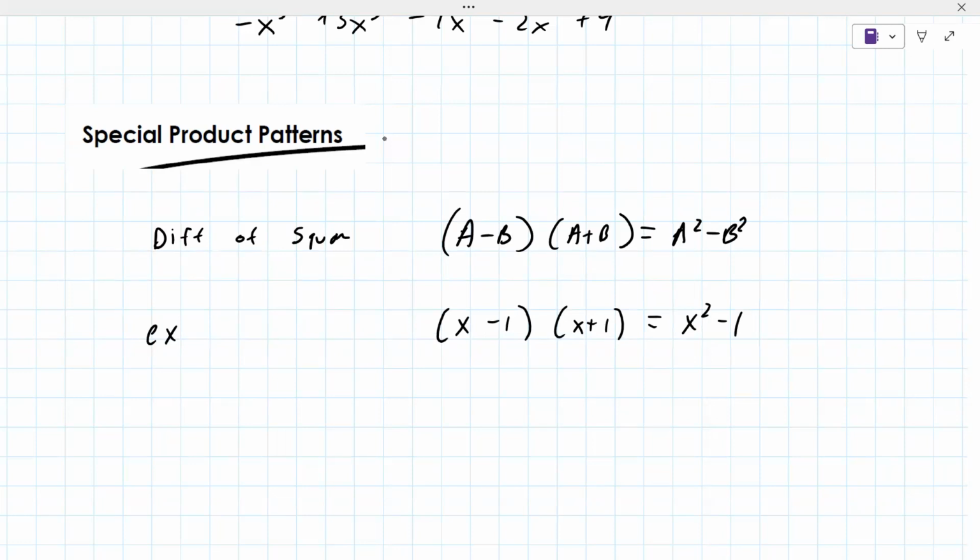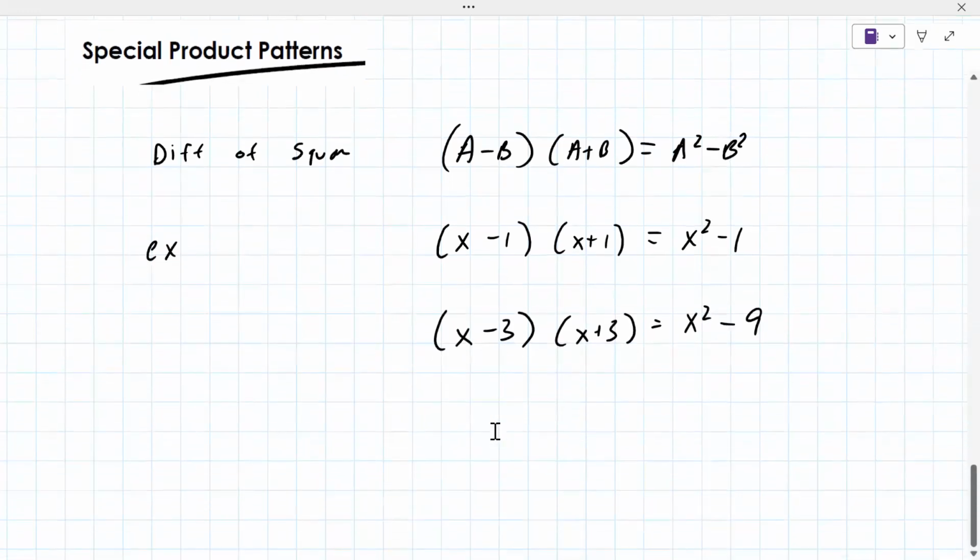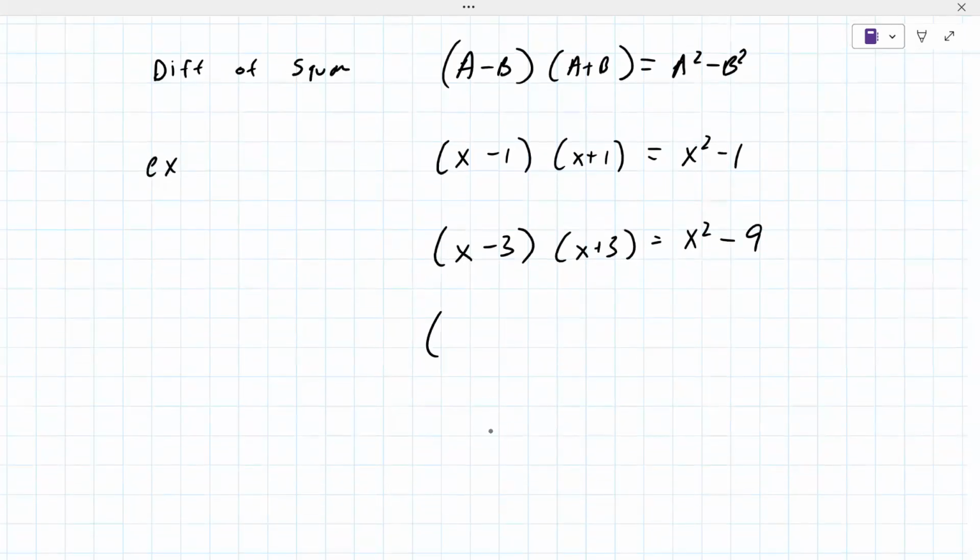Is that okay? Clear? Yeah, we got that. Now, let me give you one here. x minus 3, x plus 3. What does that become? x squared minus 9. Yes. Okay. You're squaring the first, you're squaring the second. Now, what if the order's flipped?